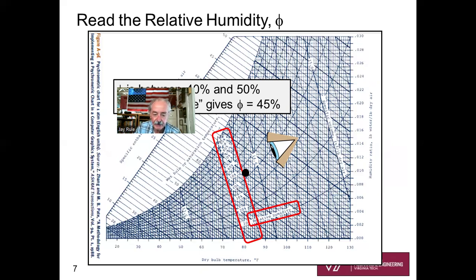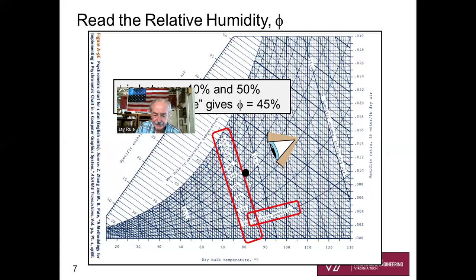Numerically, the relative humidity values are 10, 20, 30, 40, 50, 60, all the way up to 90. And then on this line, 100%. That's rain, where water starts falling out of the mixture, fully saturated.